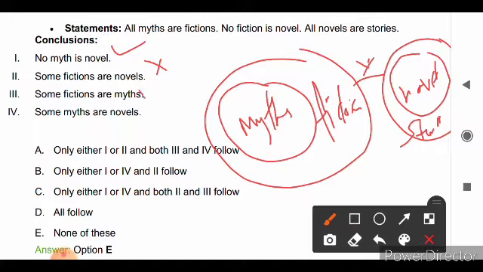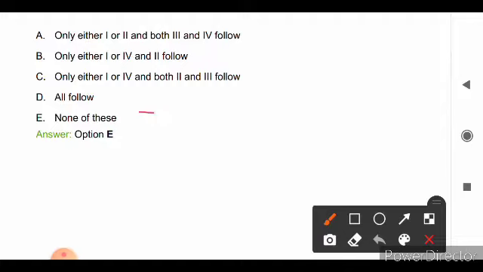So this is right because according to the Venn diagram, some fictions are myths. Conclusion 4 is some myths are novels. According to the Venn diagram, this is not right. So we can say conclusions 1 and 3 follow. Then according to the options, the right answer is option E, none of these.